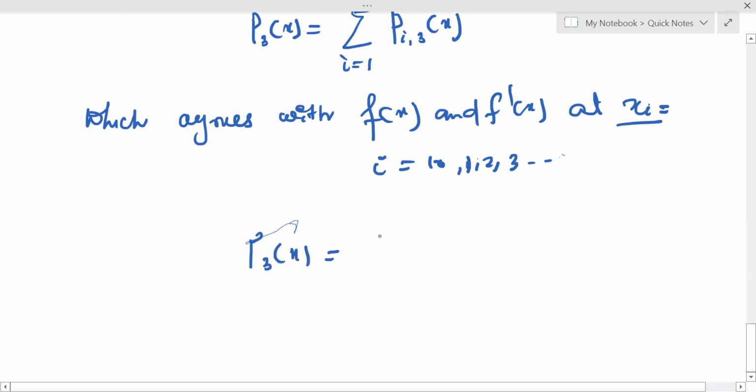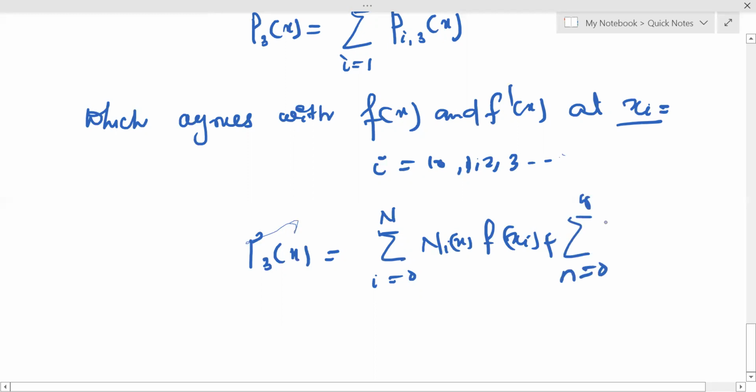P3(x) can also be represented as summation over i is equal to 0 to capital N of Ni(x) f of xi, plus summation over i is equal to 0 to n of Hi(x) f dash xi.